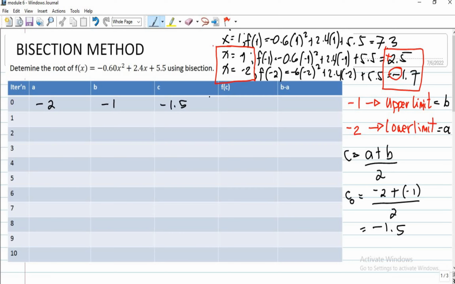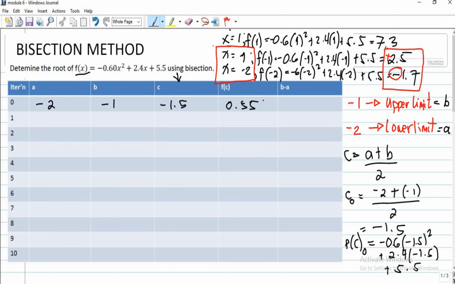And our function of C, substitute negative 1.5 dito sa may function of x. So, ang function of C sa may iteration 0 is equal to negative 0.6 times negative 1.5 squared plus 2.4 times negative 1.5 plus 5.5. Ang lalabas na sagot natin dito ay 0.5.